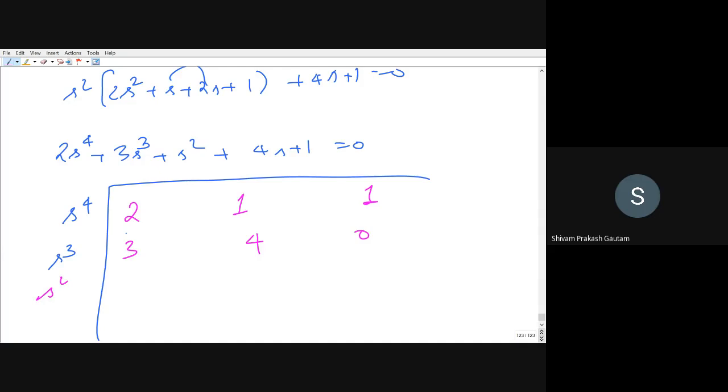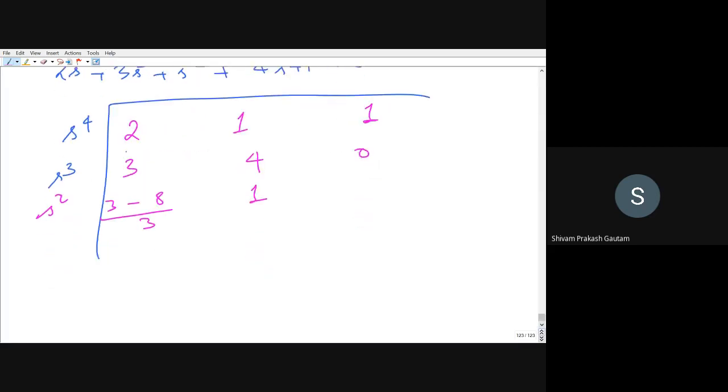Now we have to calculate s to the power 2 here. So we will calculate (3 minus 8) upon 3, and 3 into 1 upon 3, so this will be 1 only. If you solve this, we get minus 5 by 3. Now s to the power 1: minus 5 by 3 multiplied by 4 minus 3. Let me know if I make any mistake, okay?